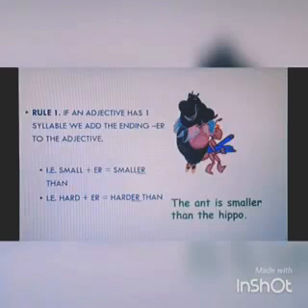Small, we just add er and it turns to be smaller. Hard, the same, harder. I have an example here. The ant is smaller than the hippo. As you can see, I'm making a comparison between a big hippo and a small little ant.